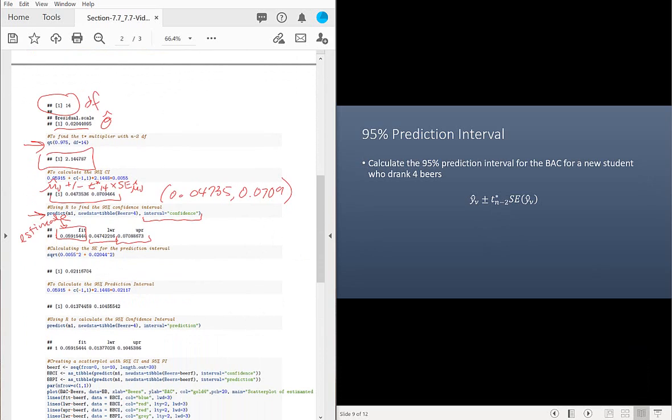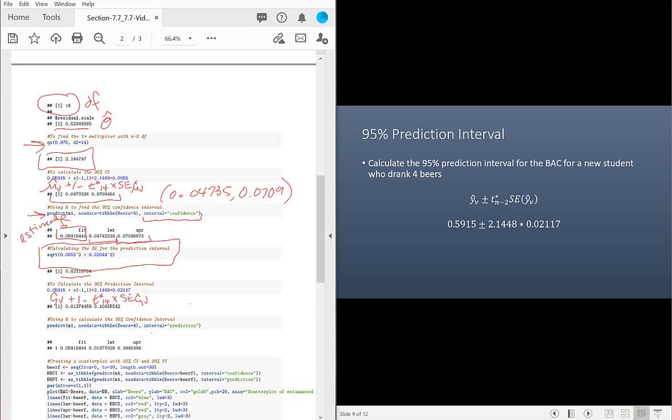And that calculation is right here. And this gives us a standard error of y nu hat of 0.0227. Now we can calculate the prediction interval using our estimate plus or minus the t-star multiplier, 14 degrees of freedom, times the standard error.